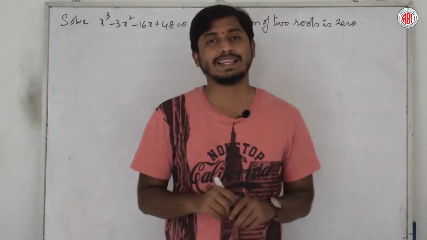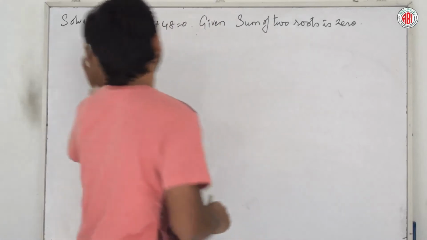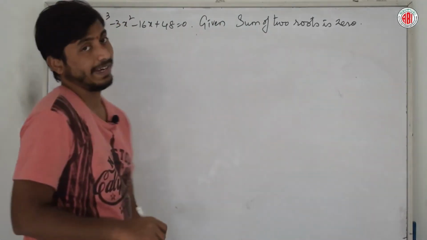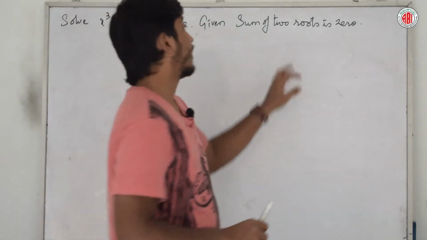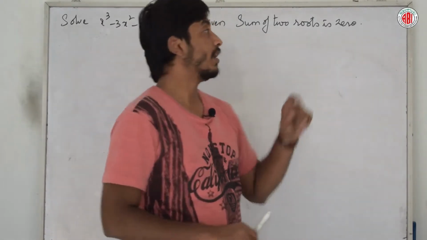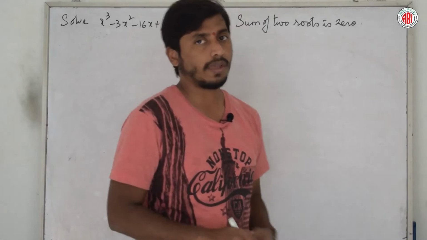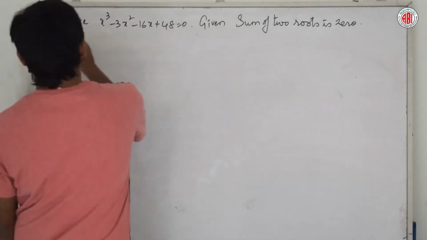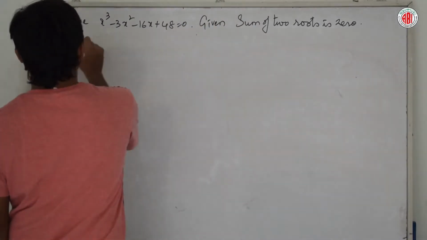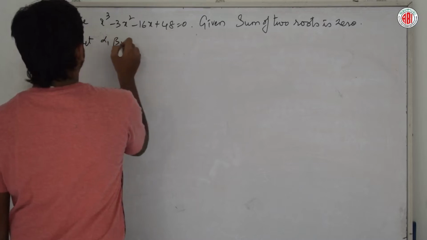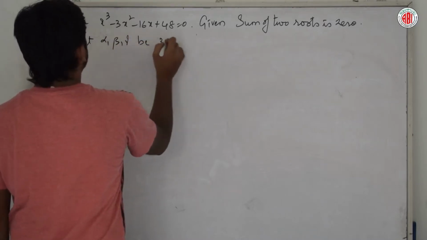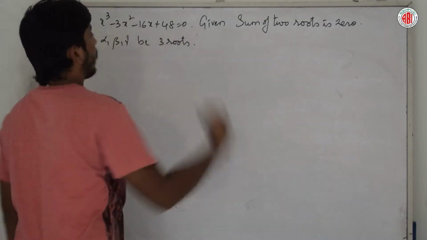Let's do it. Look at the next question. He is asking us to solve a cubic polynomial directly. Remember, the condition he gave is that the sum of 2 roots is 0. Let alpha, beta, gamma be the 3 roots.